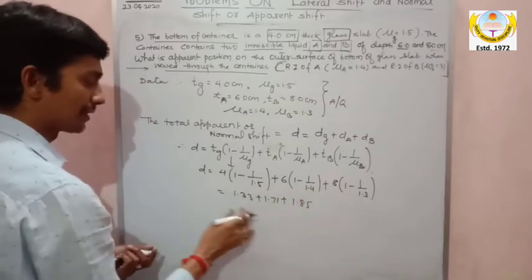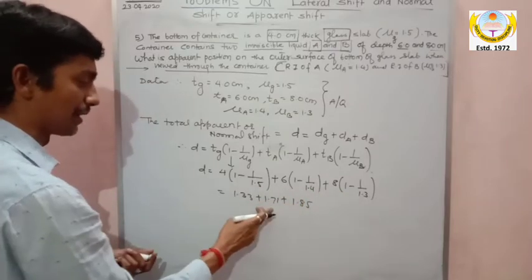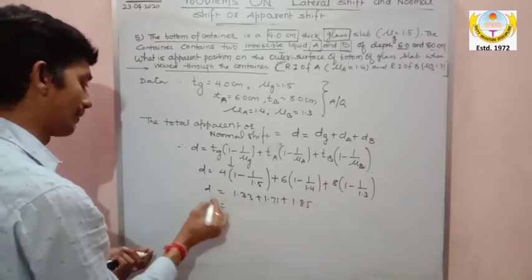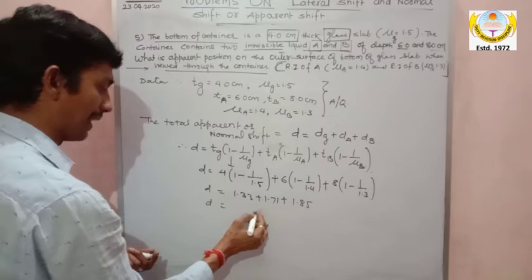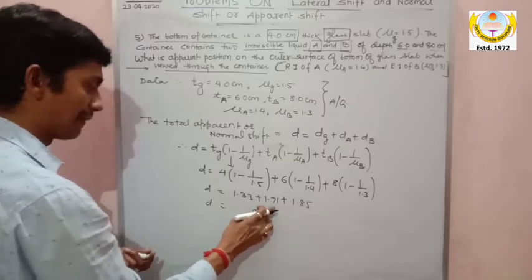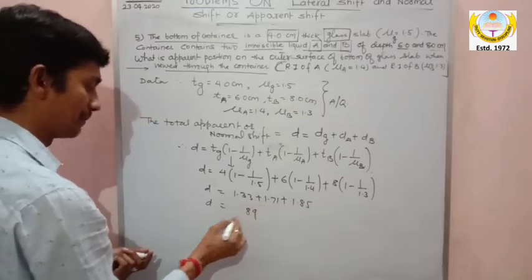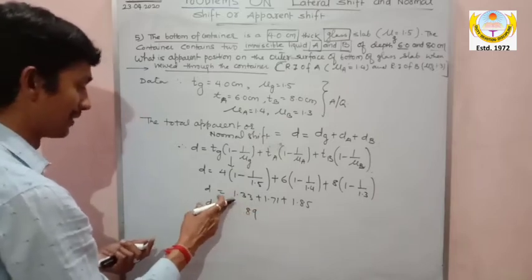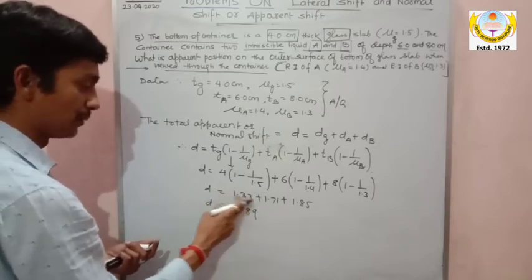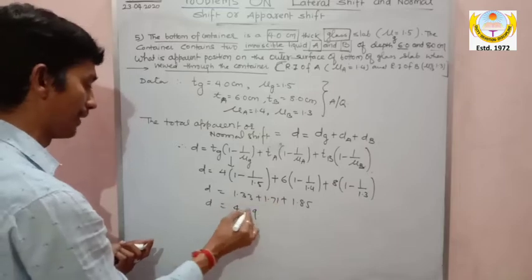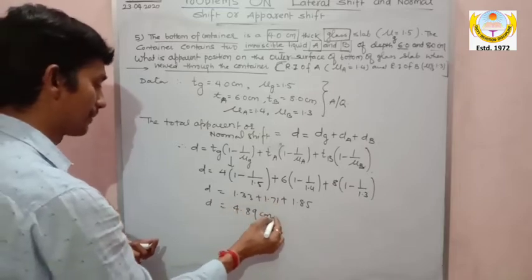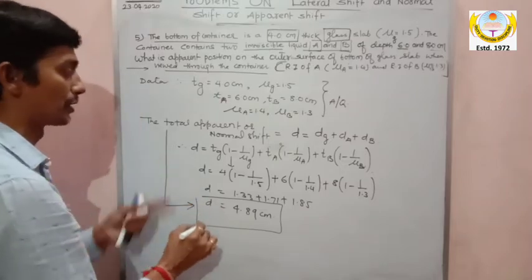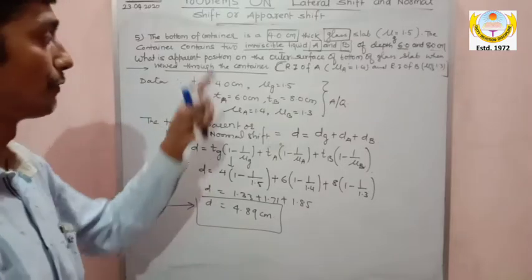This will give 1.33, this will give 1.71 and this will give 1.85. So the total answer will be 3, 1, 4 and 5, 9, 8 and 7, 15 and 3, 18. I hope you are getting me. You are good students, right? This is 4.89 centimeter, the total apparent or normal shift when viewed from the outside.